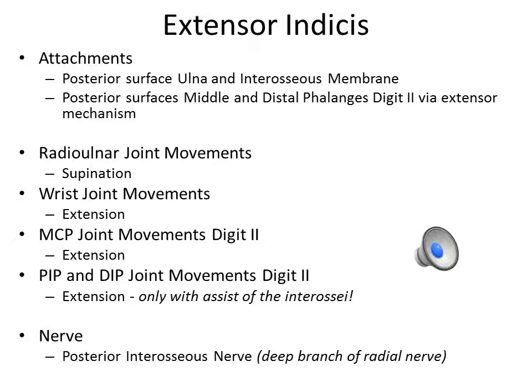Extensor indicis performs supination at the radial ulnar joint, wrist extension, metacarpal phalangeal joint extension at digit 2, as well as extension at digit 2 of the PIP and DIP joints. Again, extension at the PIP and DIP joints must be assisted by the interossei muscles. Extensor indicis innervation is the posterior interosseous nerve, which is a deep branch of the radial nerve.